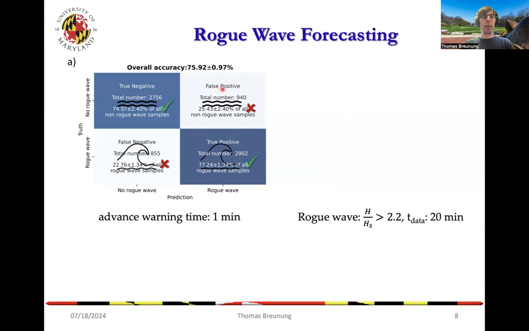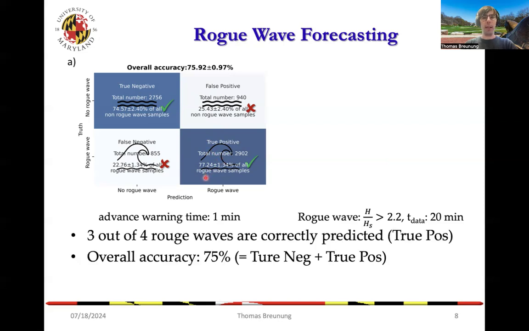On the other hand, a false positive would indicate that no rogue wave occurred in the truth, but our prediction was that a rogue wave will occur. The true positive is the number of correctly predicted rogue waves by our neural network. We can see that we are able to predict 3 out of 4 rogue waves in the testing data. And the overall accuracy of our networks is about 75%, so 75% of the network's predictions are correct.